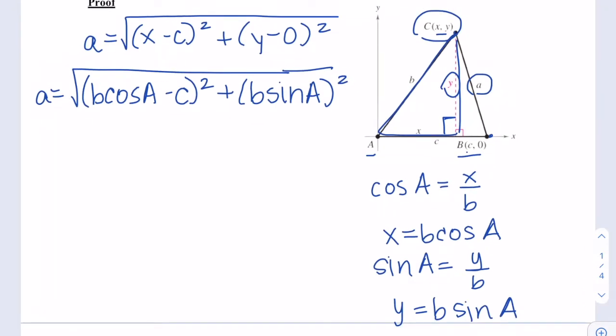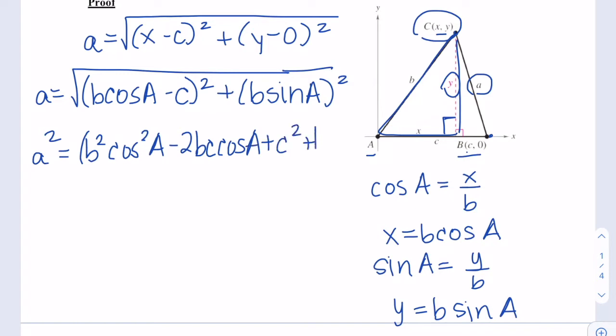All right, so let's just simplify this. I'm first going to square both sides, just get rid of this radical, and then we can distribute or FOIL, right? So this will be B squared cosine squared A minus 2BC cosine A plus C squared plus B squared sine squared A.